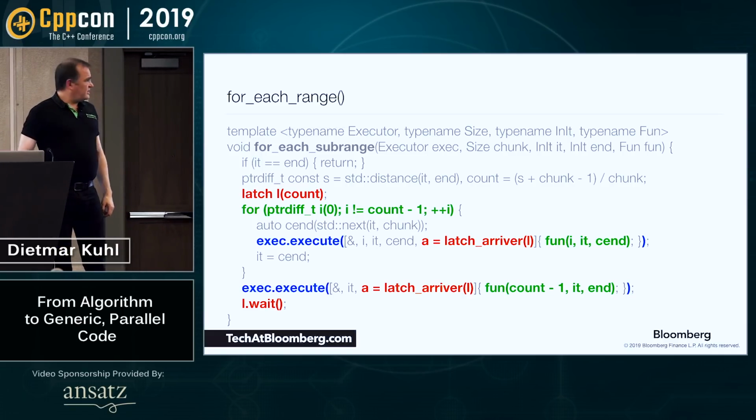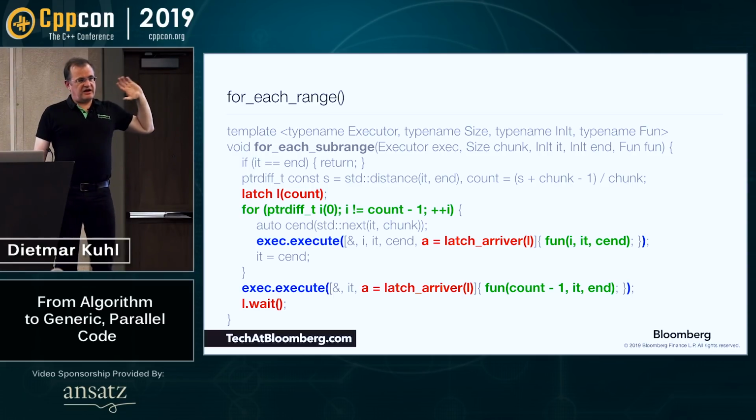So the other part is basically the execute. I already mentioned that I assume executors have an interface which says execute, and they get one function object. The standard library parallelization guys are discussing what kind of variations on execute we want to have.